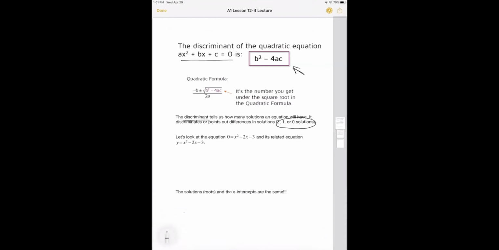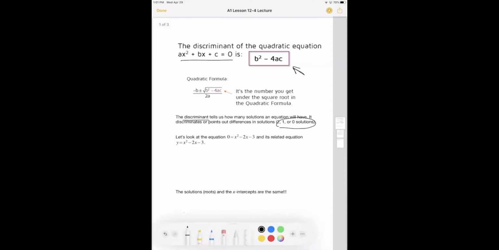So all we're really going to be doing is finding out how many solutions there are to the equation, not specifically what the solution is, but just describing how many solutions it has.